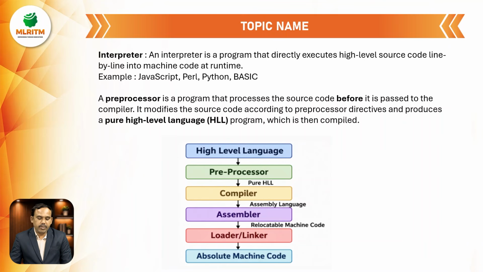The high-level language program is the input of the preprocessor, and the pure high-level language program is the input of the compiler. The output of the compiler is an assembly language program, the ALP. Then the assembler and the linker or loader relocate it and produce the absolute machine code.